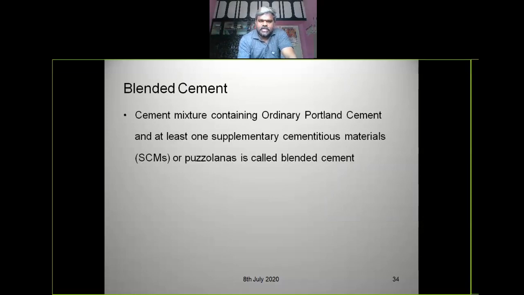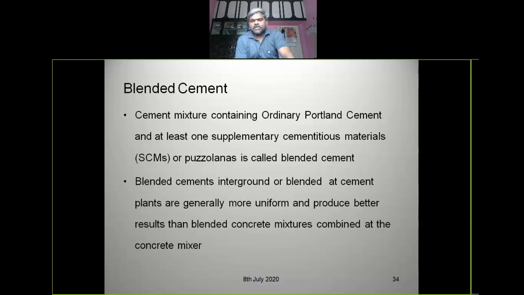Next, blended cement. What is blended cement? A cement mixture containing ordinary Portland cement and at least one supplementary cementitious material, that is SCM, or pozzolanas, is called blended cement. Nowadays we are using fly ash and blast furnace slag, which we studied in the last class.